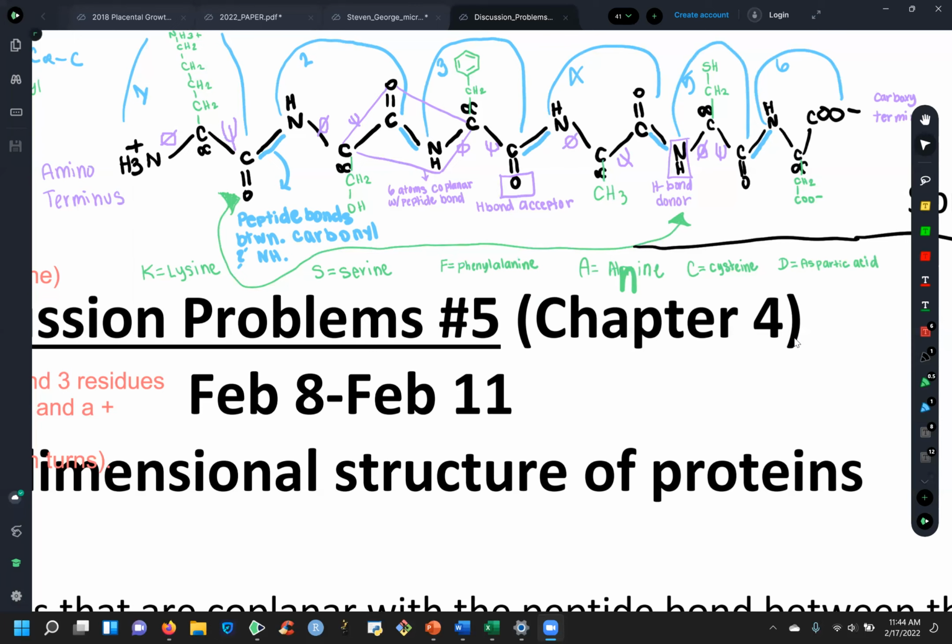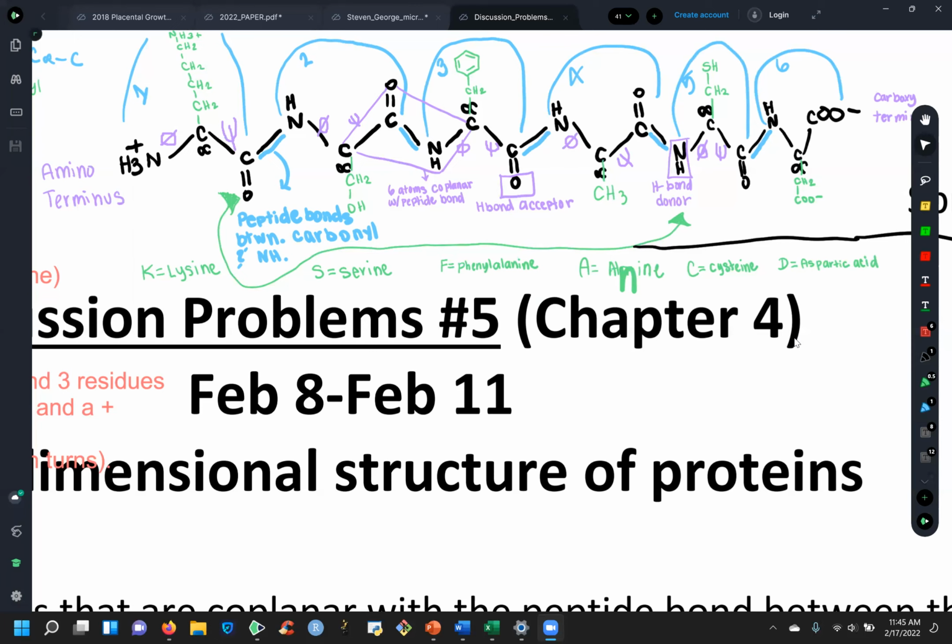Now, once you've drawn your backbone, oh, okay, we have to finish the backbone. So I'm going to use orange now. So NCC. Our first C is the alpha carbon. The other one is the carbonyl. And then every nitrogen is going to have a hydrogen. So remember, a nitrogen can be attached to 3 things, it has 2 bonds here, and it's missing 1, so you just add a hydrogen.